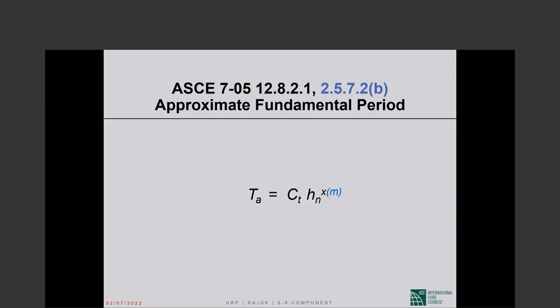In the 100 foot direction, the building is reasonably flexible. In the 500 foot direction, the building is extremely rigid.